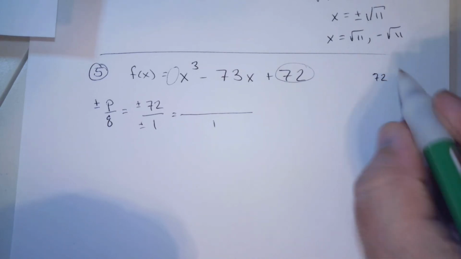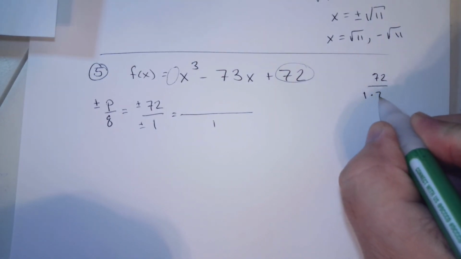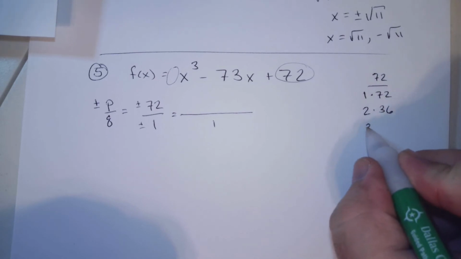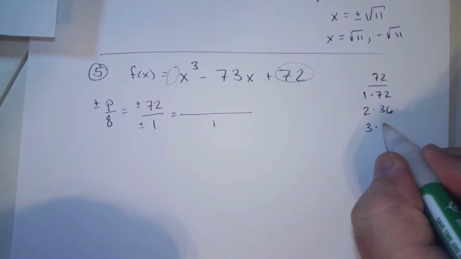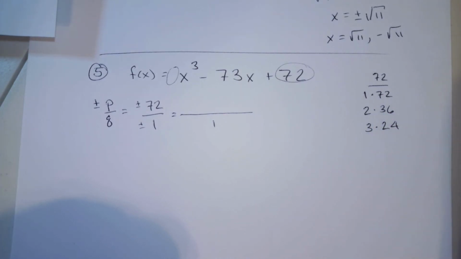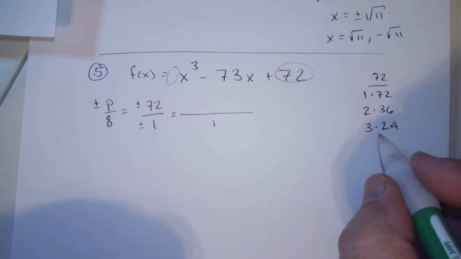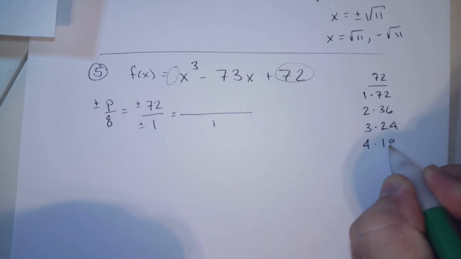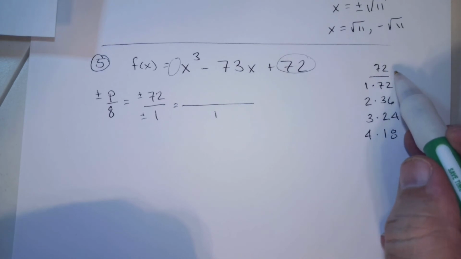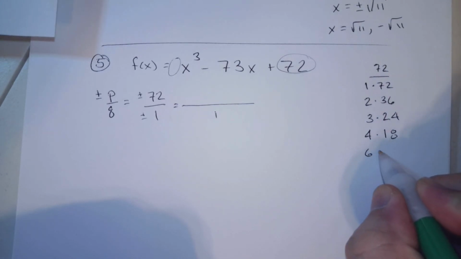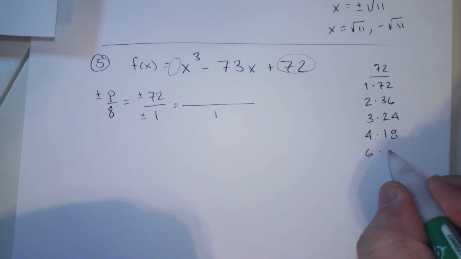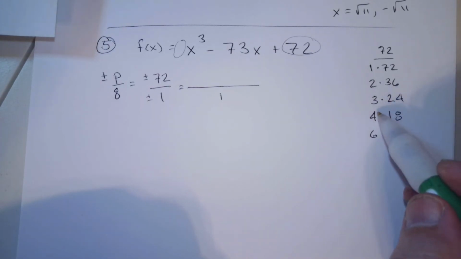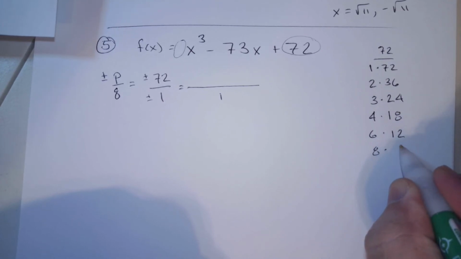For 72, that could be 1 times 72, 2 times 36, 3 times 24, 4 times 18, not 5, 6 times 12, not 7, 8, 8 times 9.